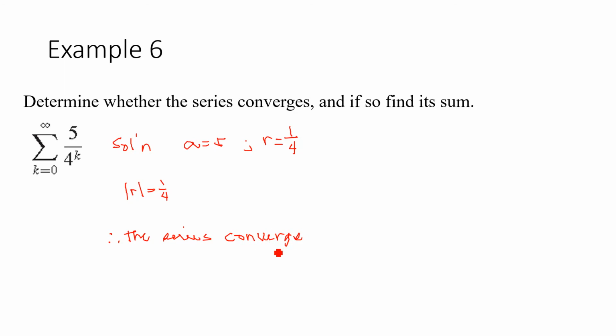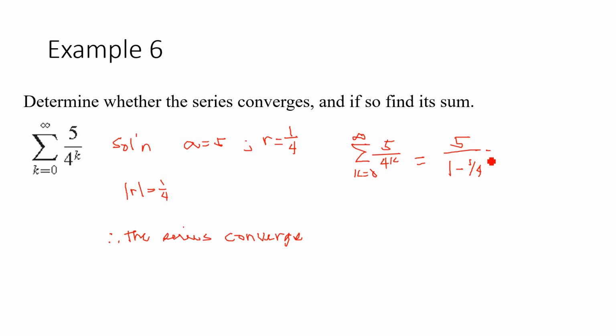Since the series converges, we can find the sum. Using our formula, a over 1 minus r, the sum of 5 over 4 raised to k, k equals 0 to infinity, is 5 over 1 minus 1/4.